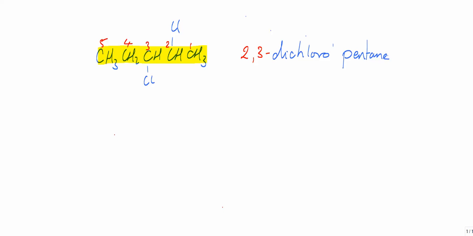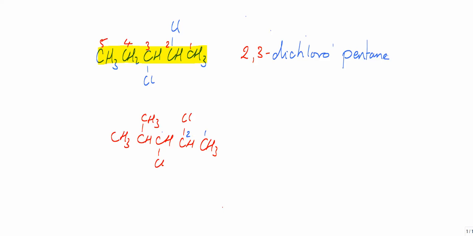So if we have, for example, CH3, CH, CH3 like that, CHCl, CHCl, CH3. All that I've done there is added a methyl group, you'll notice, on carbon number 4.